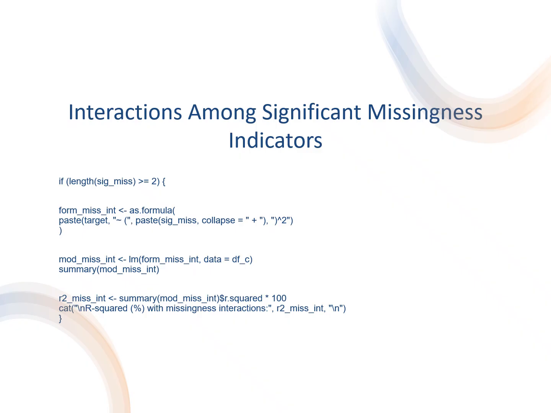The purpose is to see if jointly missing variables, such as missing both blood pressure and cholesterol values, tell us more about diabetes than each alone. So I computed a new R squared value for the interaction model. If it increases, it means there are deeper missingness patterns that improve our understanding of the data.